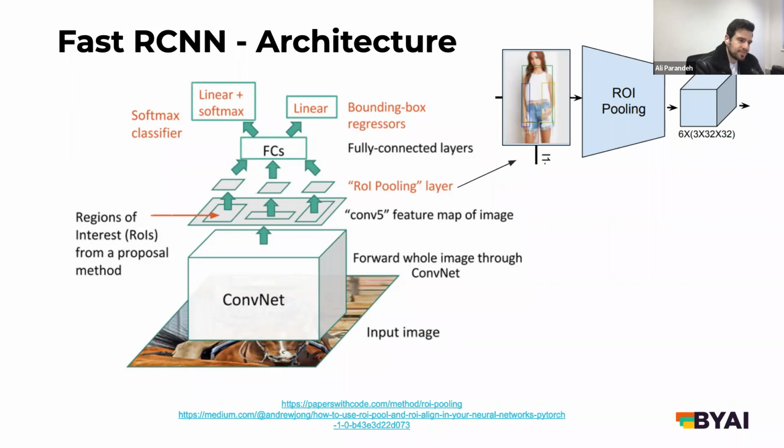So this is another image from it. Instead of passing the selective search across, you have the convolutional neural network, and it passes the image through the network, and then extracts the region of interest from the proposal from the network itself.